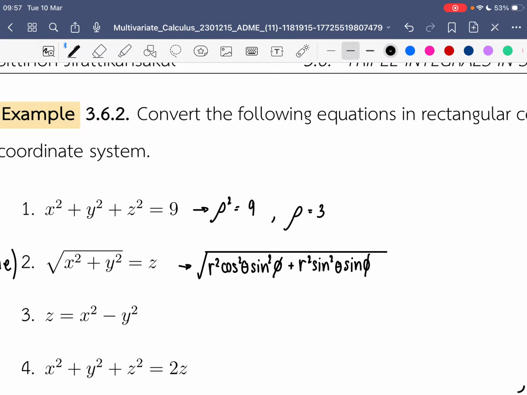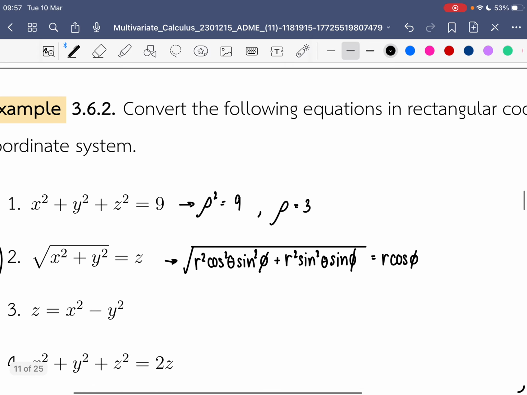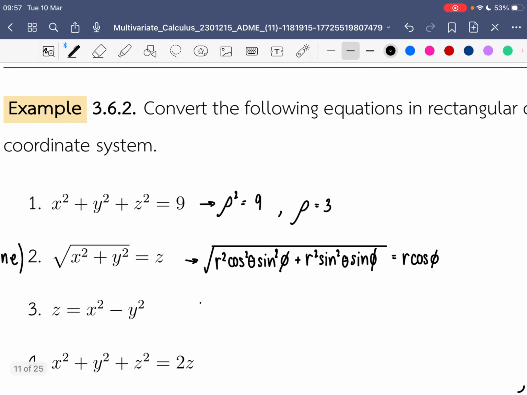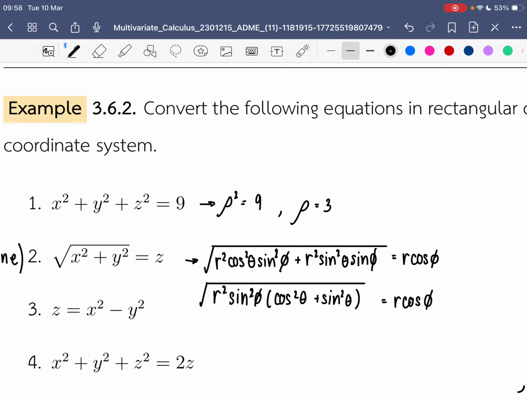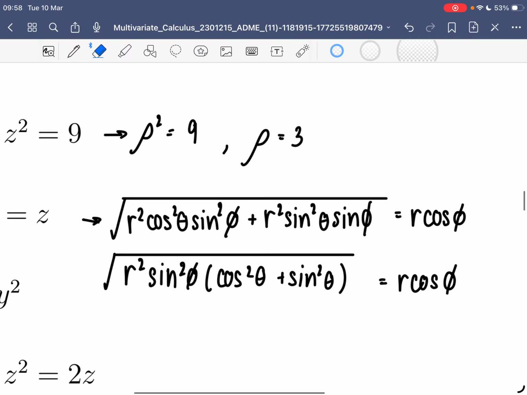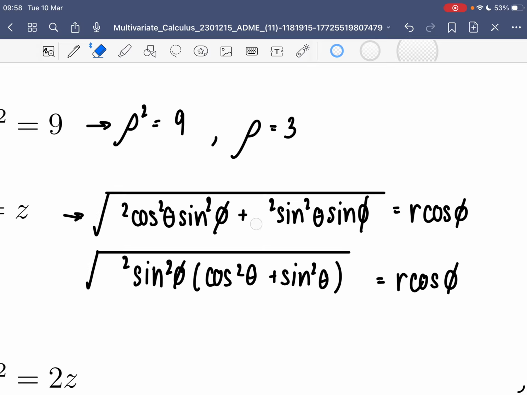This will correspond to r squared sin squared phi times cos squared theta plus sin squared theta equals r cos phi. This becomes r sin phi equals r cos phi. Sorry, I mean rho. I keep confusing it with the semicolon. It has to be rho.